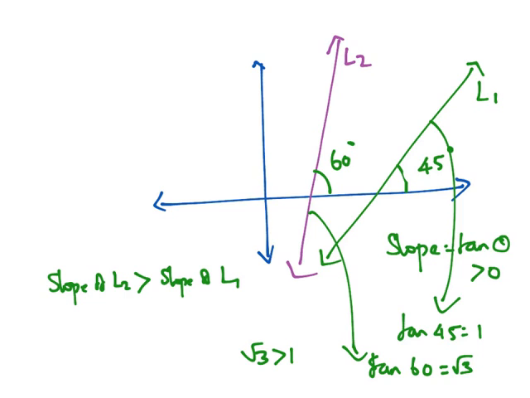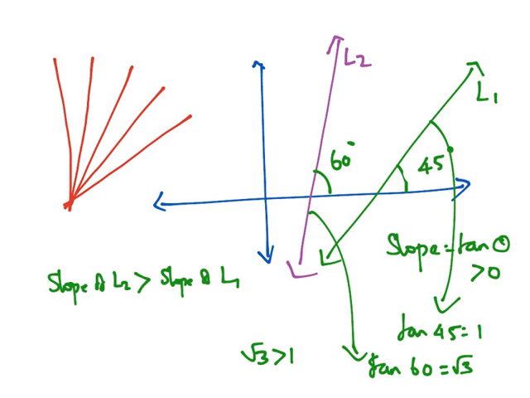In fact, suppose I draw a line like this, and then a line like this, and then another line. The slopes are increasing. This one will have a negative slope.